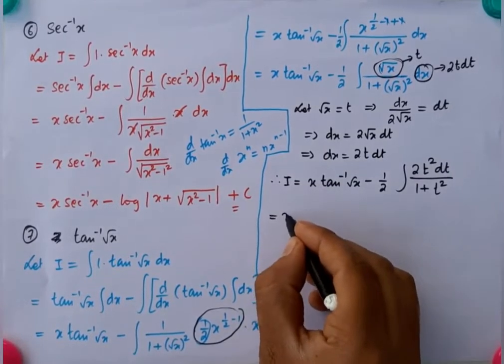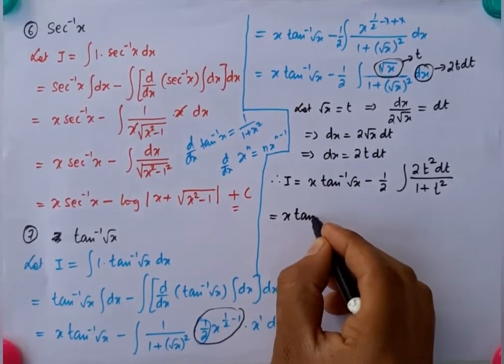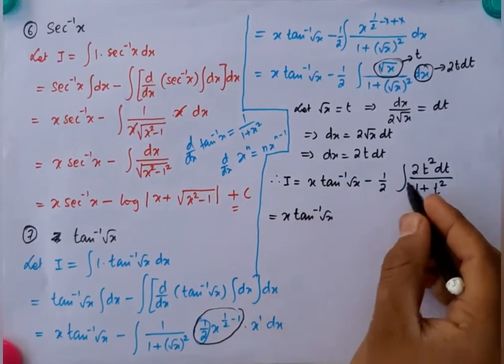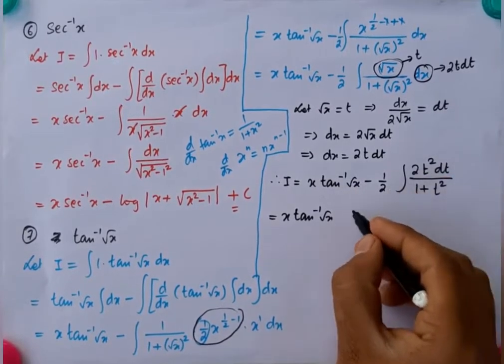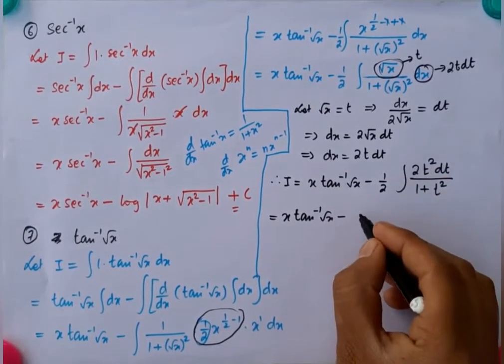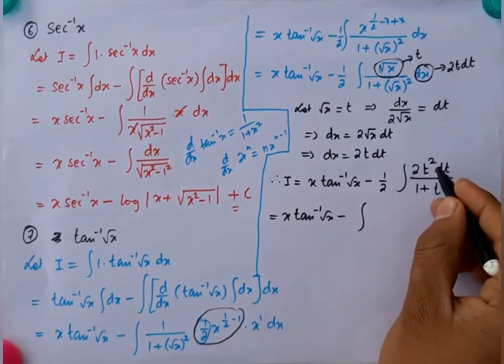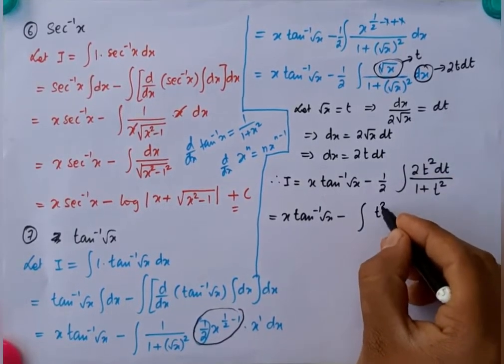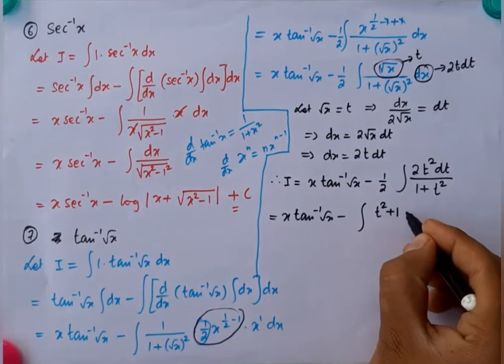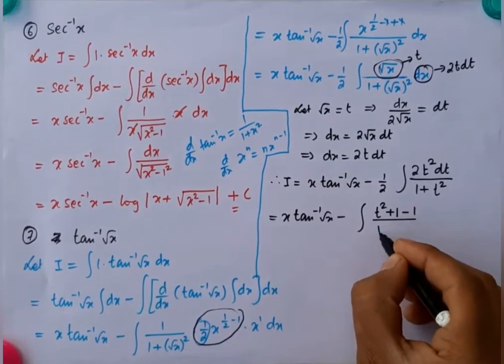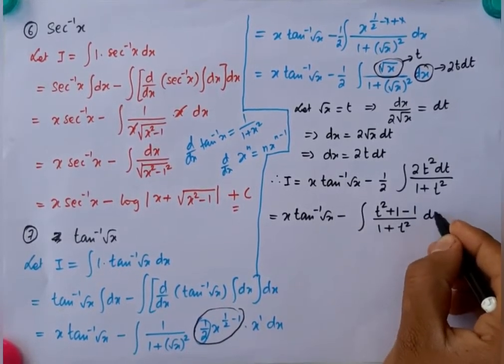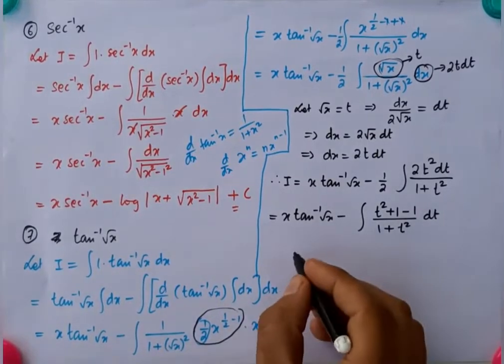So this is x tan inverse root x. So you get this 2 outside, so this half will vanish. So remaining is only just t square. Here I am writing this as t square plus 1 minus 1 by 1 plus t square dt. Is this allowed? Yes, definitely.